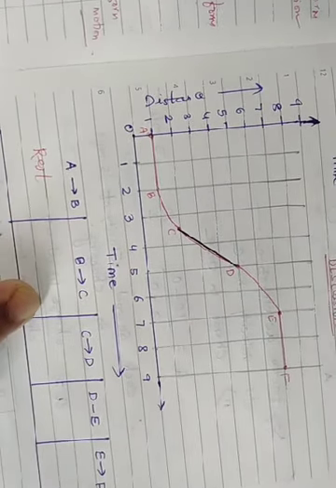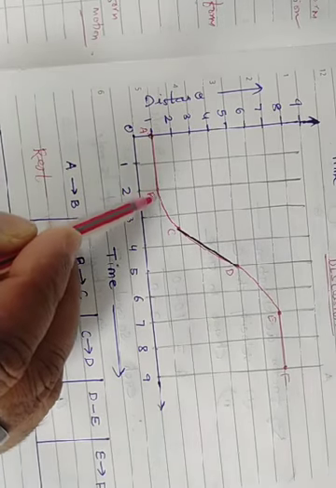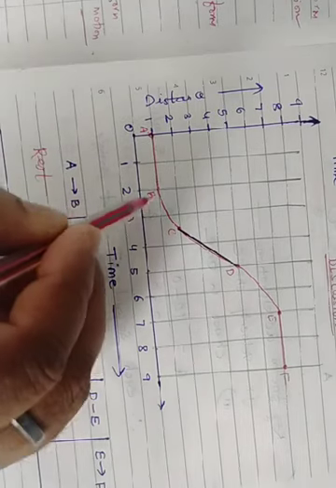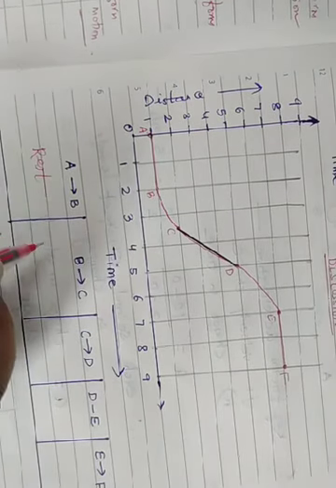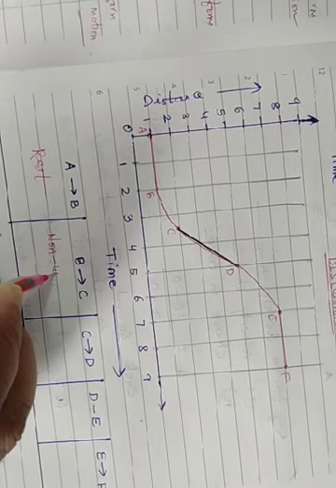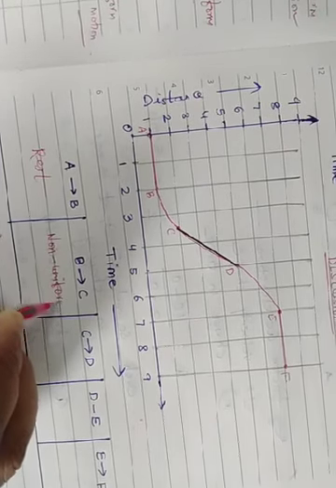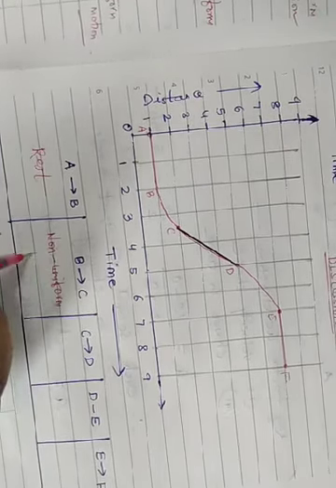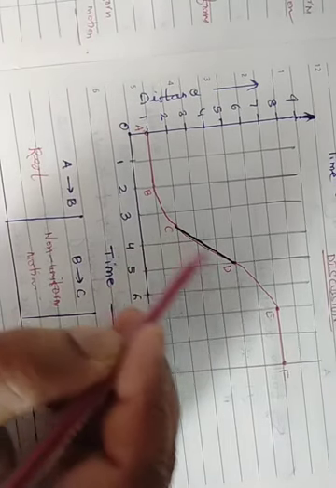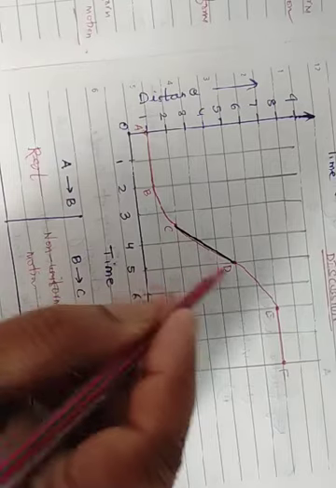Now B to C, this is a curved line. Can you see here? Yes, this is a curved line. So we will say that this is non-uniform motion. Now C to D is a straight line. Okay, look at this black line. C to D is a straight line.